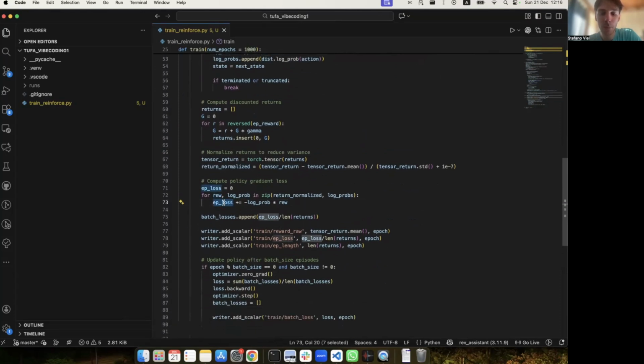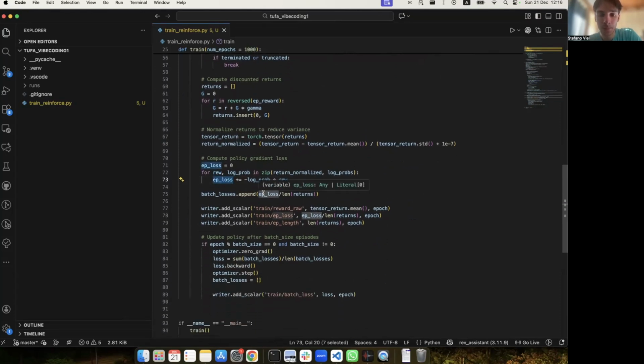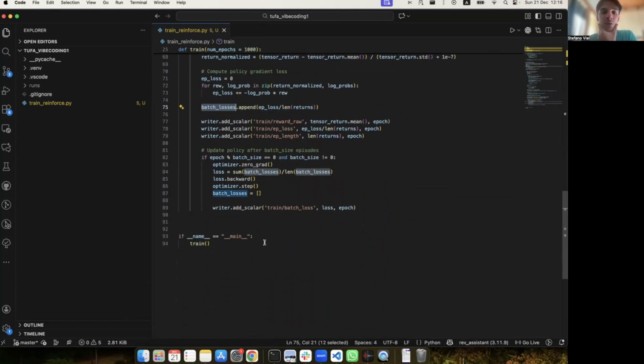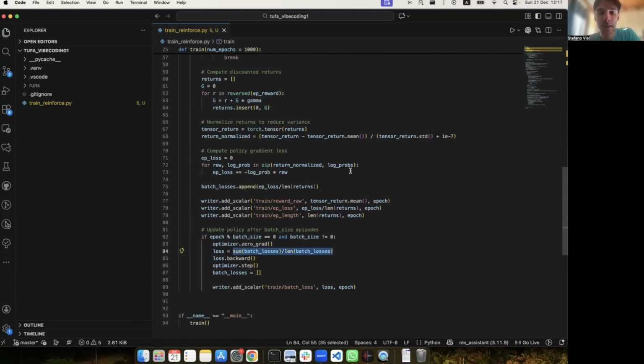And we have our epoch loss, which we save here. And then after a certain number of steps in the batch size, we take the mean loss over the batch.